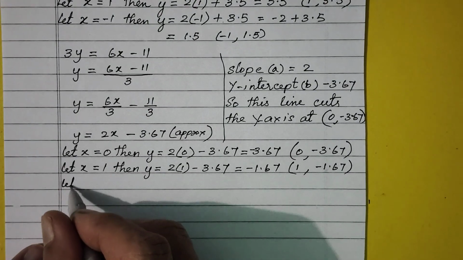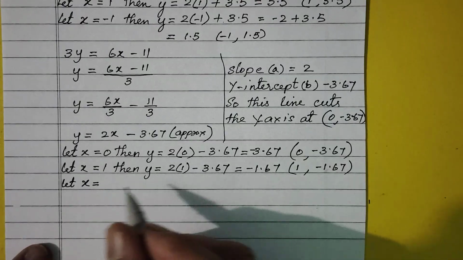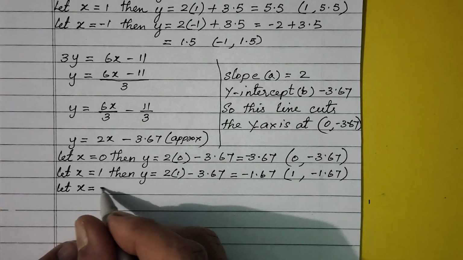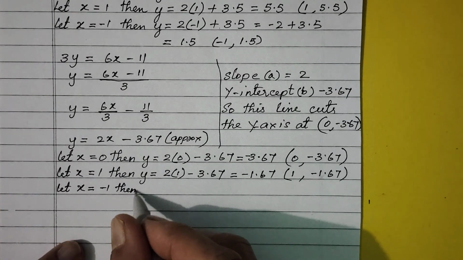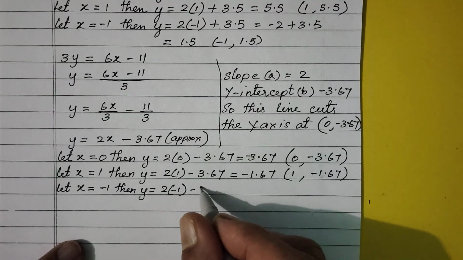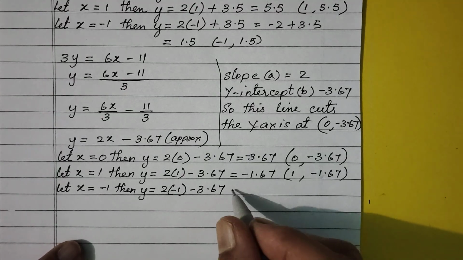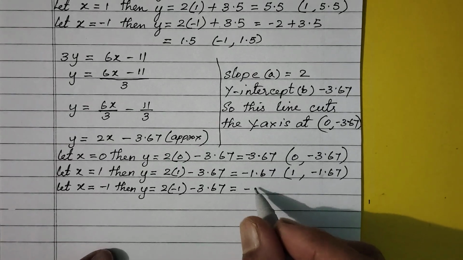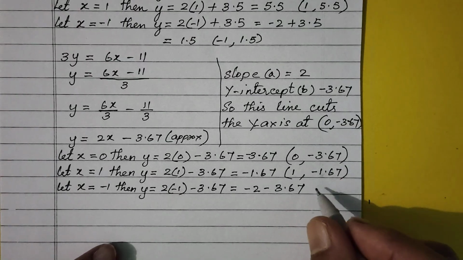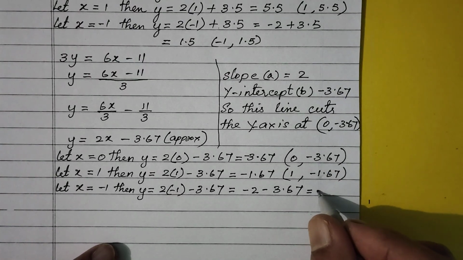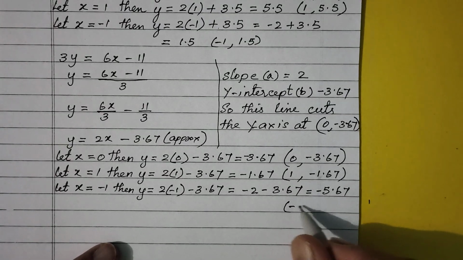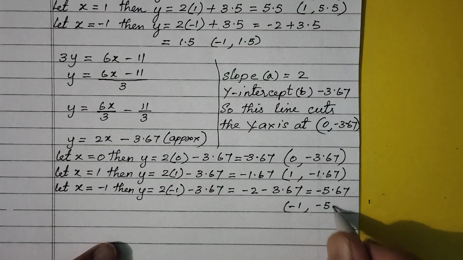Let x be equal to -1, then y will be equal to 2 into -1 minus 3.67, that's equal to -2 minus 3.67, that's equal to minus 5.67. So the coordinates are -1, minus 5.67.